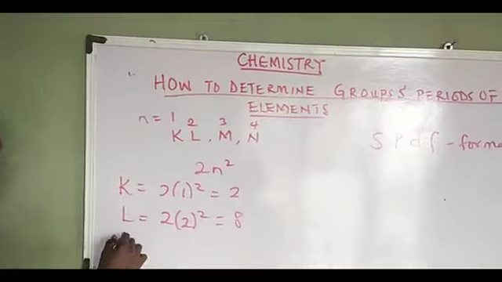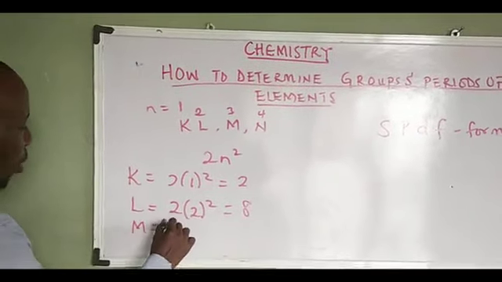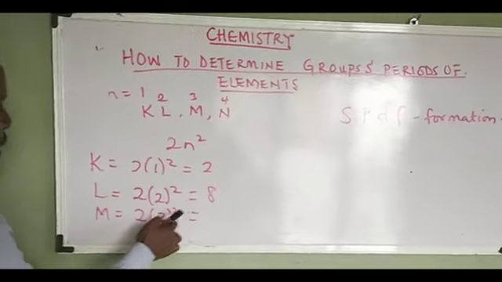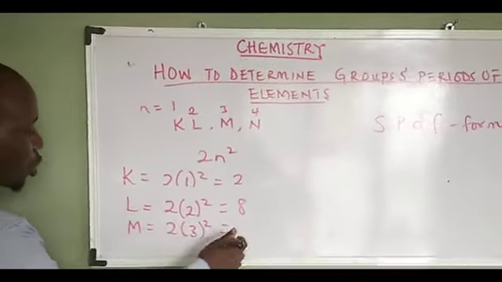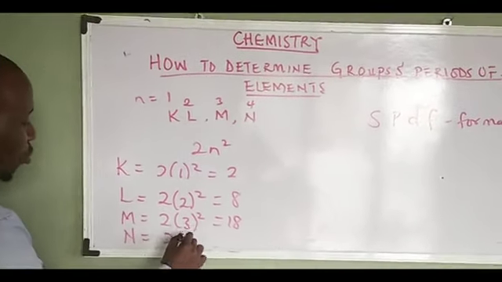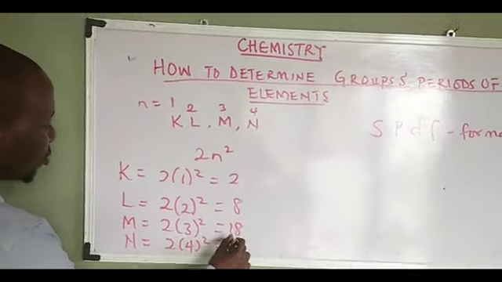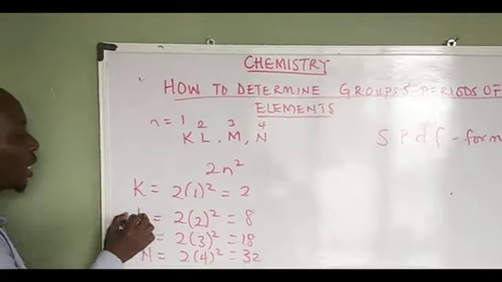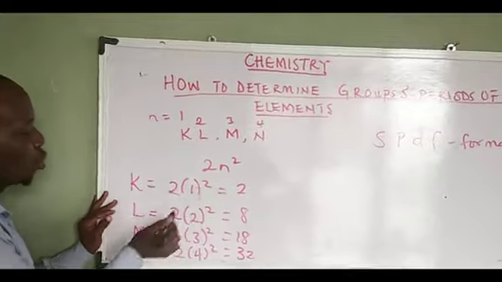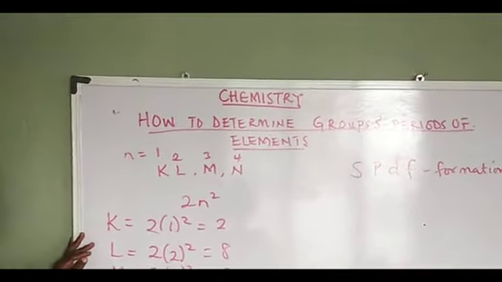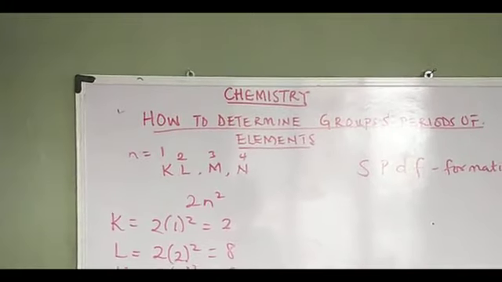For M, that will be 2 into 3 squared. 3 squared is 9, 9 times 2 is 18. Then for N, that will be 2 into 4 squared, which gives us 32. So the maximum number of electrons K can accommodate is 2, for L it is 8, for M it is 18, and for N it is 32.